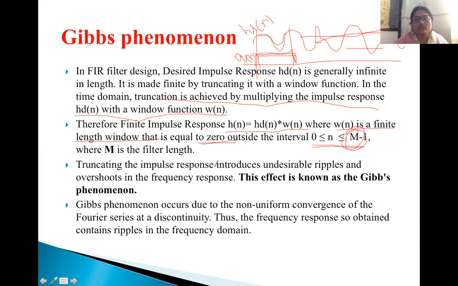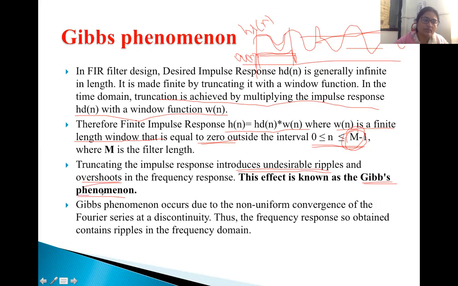Truncating the impulse response introduces undesirable ripple. As we do this, the response is going to be limited, and ripples are introduced into the system, and along with the ripples there may be some overshoots in the frequency domain.